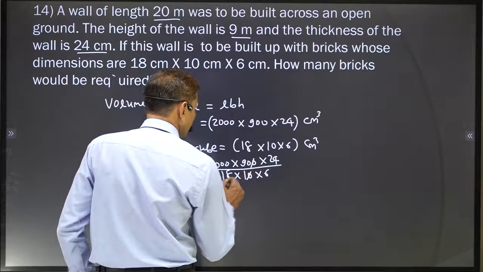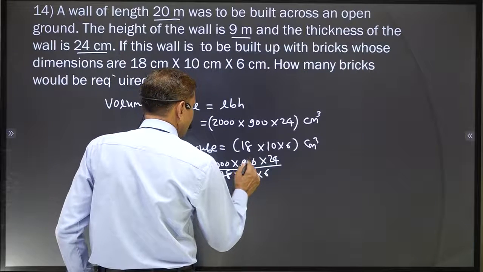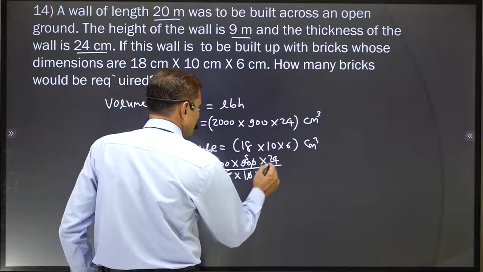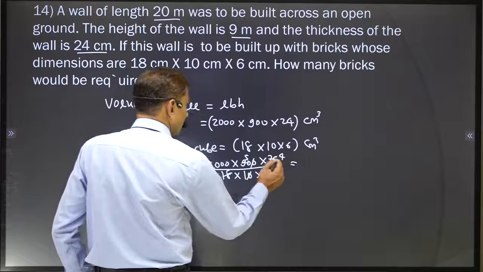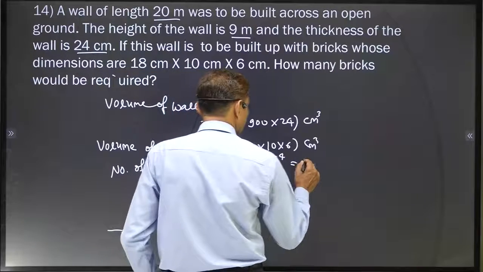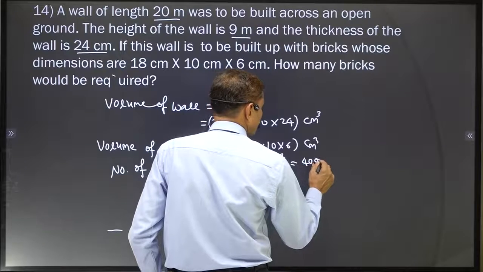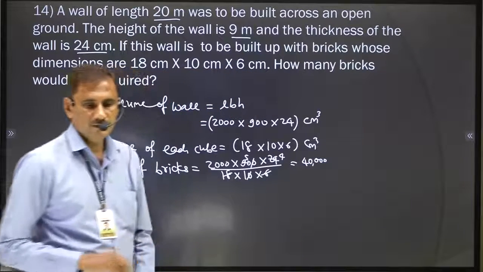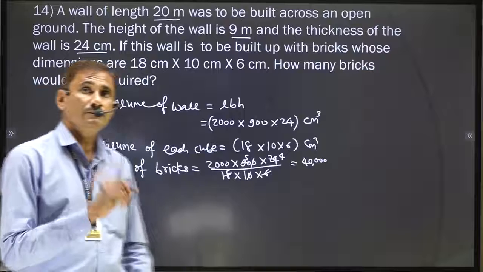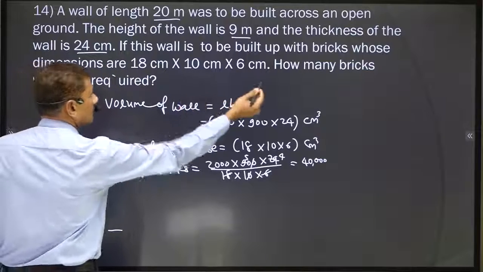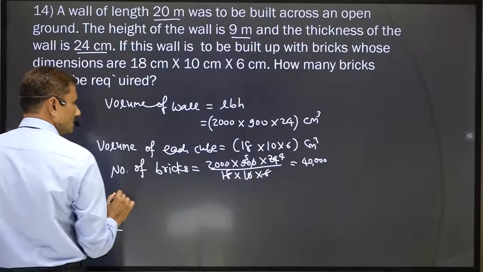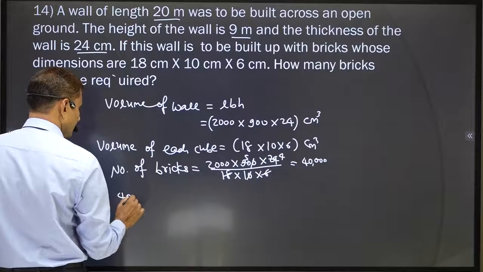Just 1 zero I am cutting here, and 18 5s are 90, 6 4s are 24. So 5 4s are 20, 2 2s are 40, and 3 zeros extra. So how many bricks are required? 40,000. So at last write down how many bricks would be required. So 40,000 bricks will be required.